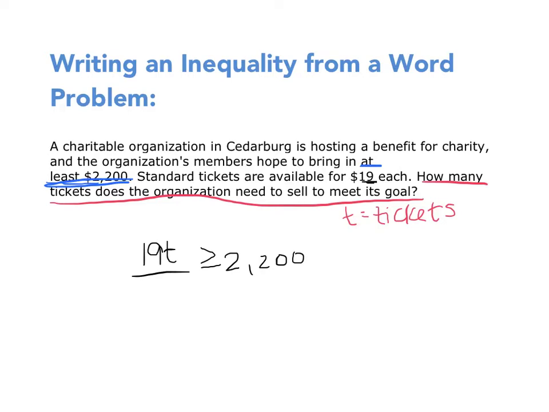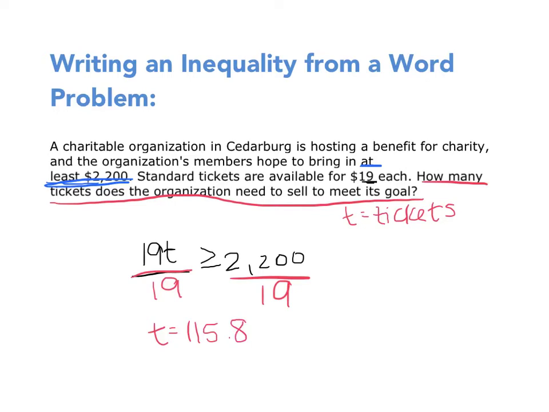Tickets are $19 each. That's what it says right here. And we want whatever this amounts to, however many tickets we sell, to be greater than the limit goal of $2,200. So we can solve this by dividing by 19 on both sides, and T equals 115.8.